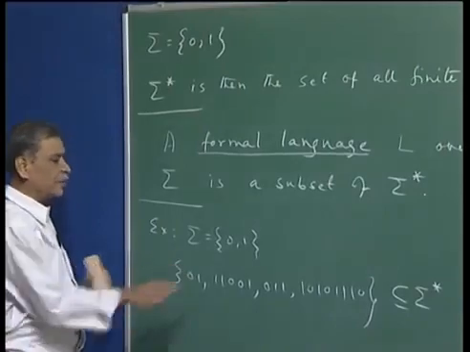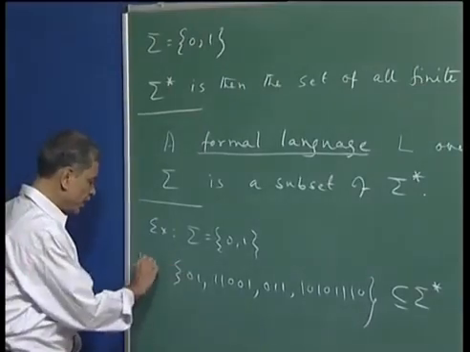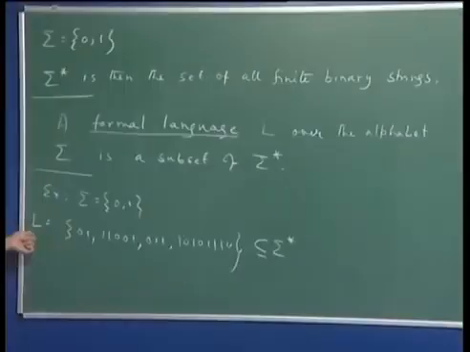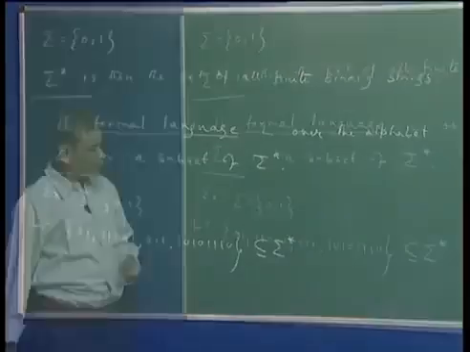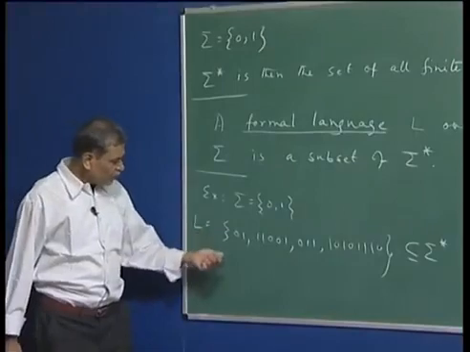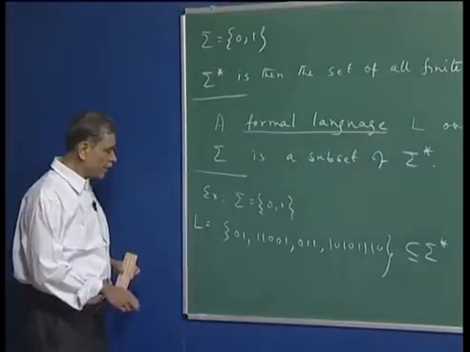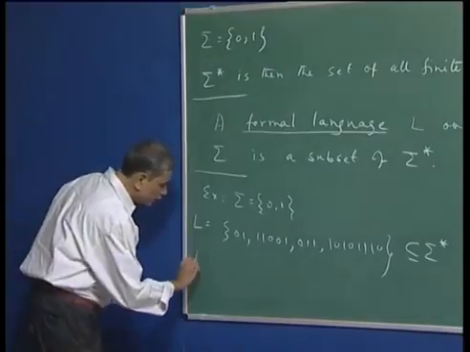So this is a language L. We can say that this is an example of a binary language, because all its strings are over the symbols 0 1, and this is of course a finite language.